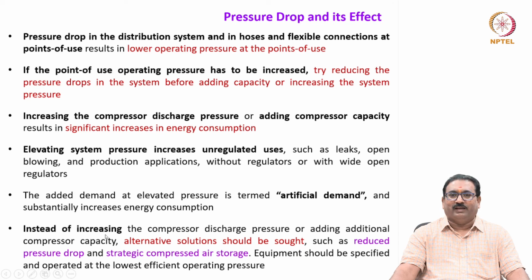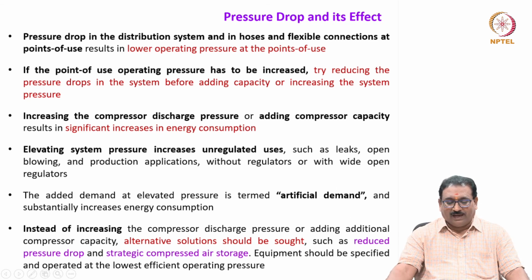Instead of increasing the compressor discharge pressure or adding additional compressor capacity, alternative solutions should be sought, such as reduced pressure drop and strategic compressed air storage. Also, equipment should be specified and operated at the lowest efficient operating pressure.